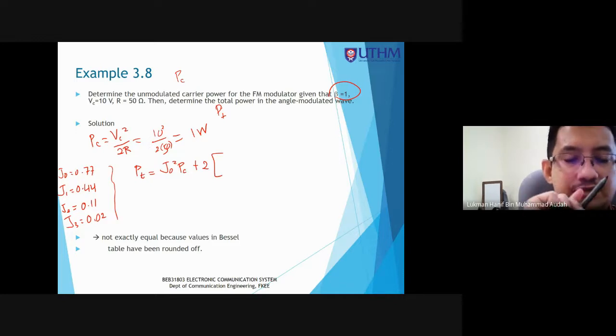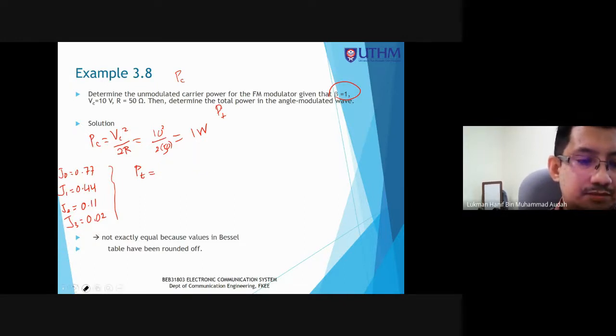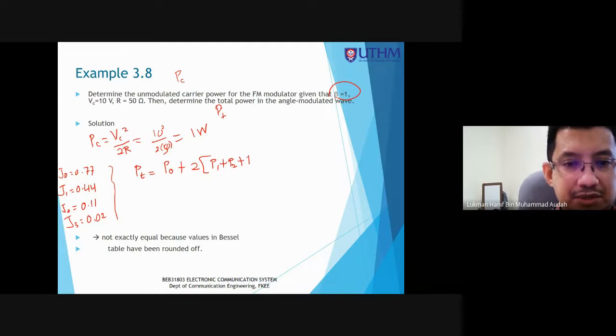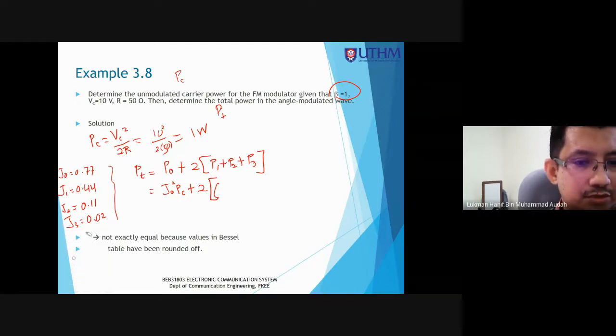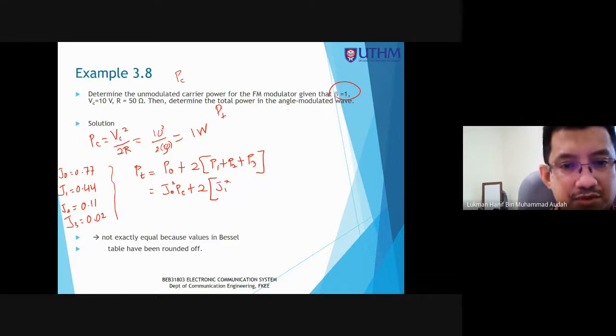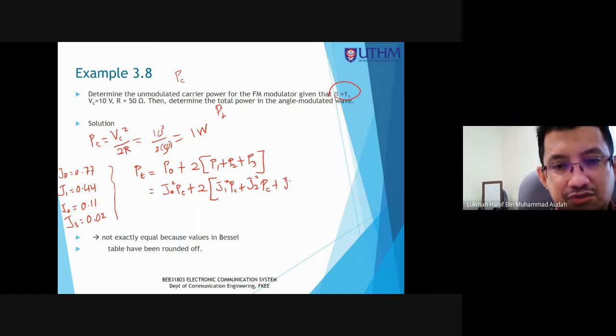Let me write the full equation so that you understand. It is supposed to be P0 plus 2 times P1 plus P2 plus P3, because up to 3 significant sidebands. So this is J0 squared PC plus 2 times, in brackets, J1 squared PC plus J2 squared PC plus J3 squared PC.